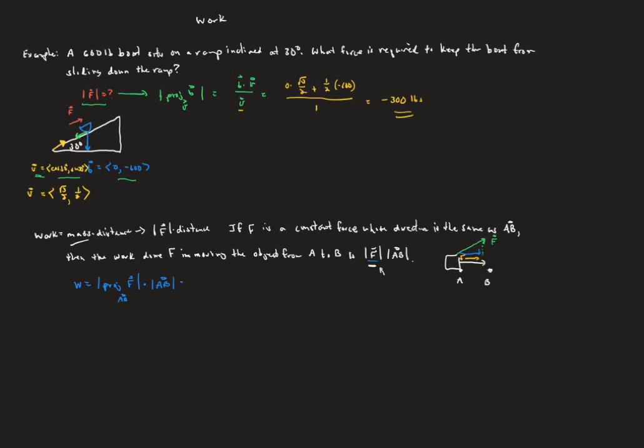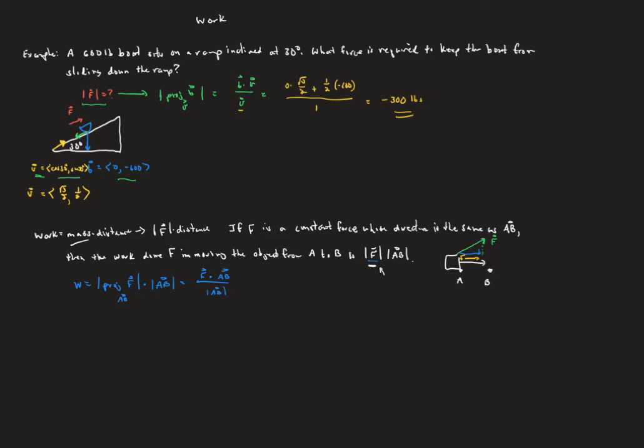Let's see what we know about that. We know how to find the magnitude of the projection of F onto AB. Remember, that's U dot V over the magnitude of V. So that's going to be F, the force vector, dotted with the vector AB that shows us how we're moving from A to B, over the magnitude of AB.